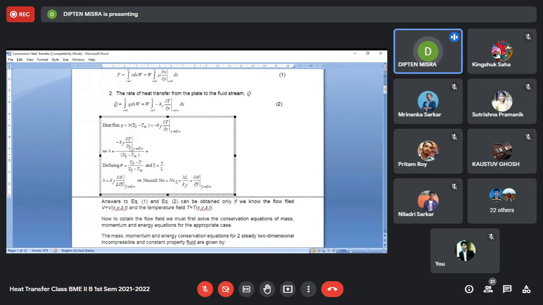And then you can convert this y also in terms of y bar. What is this y bar?